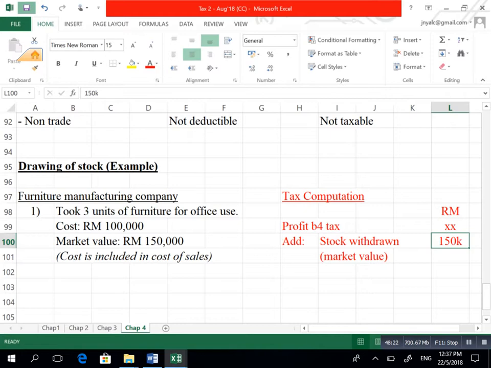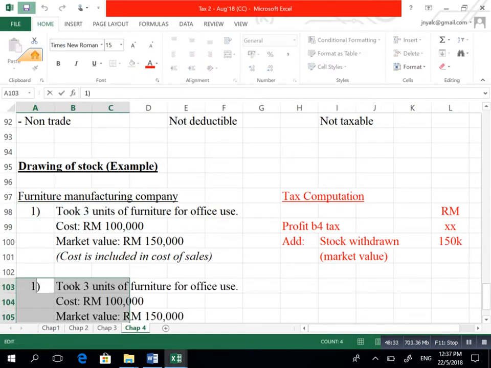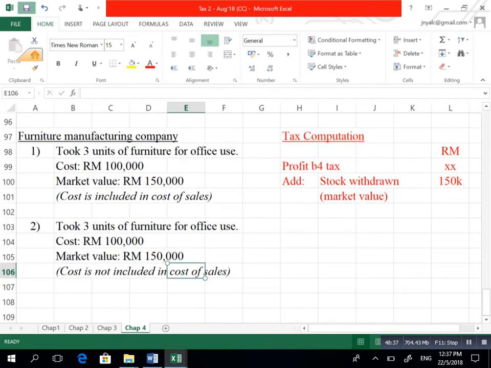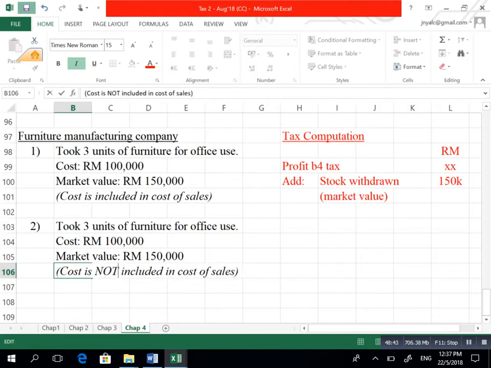Now class, second example, take down the same thing again, but now they say that the cost is not included in the cost of sales. Usually our adjustment depends on what the company records in the P&L, right? Then only we make the adjustment accordingly. So now the second example.